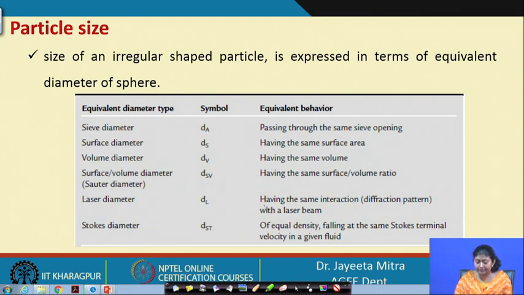Okay. So, an irregular shape particle having a diffraction pattern similar to that of a spherical shape is taken here and the equivalent diameter is taken. Stokes diameter is of equal density falling at the same Stokes terminal velocity in a given fluid. So, all such diameters are used for analysis of the particle size.